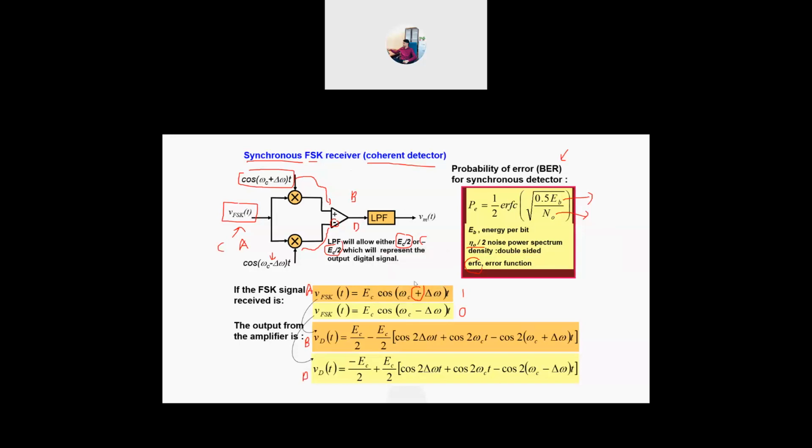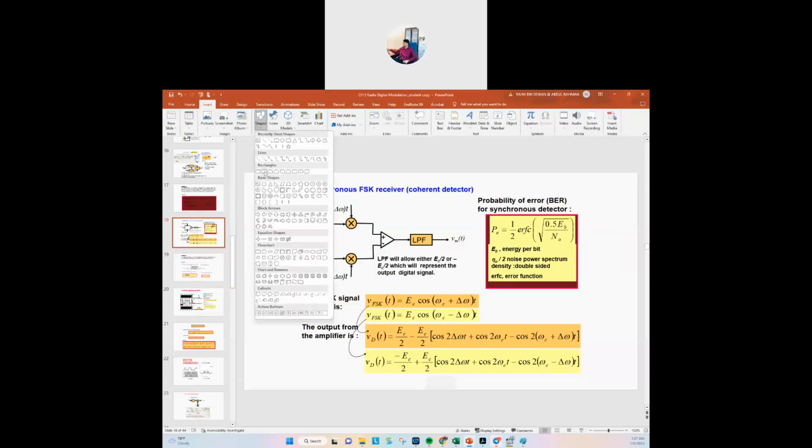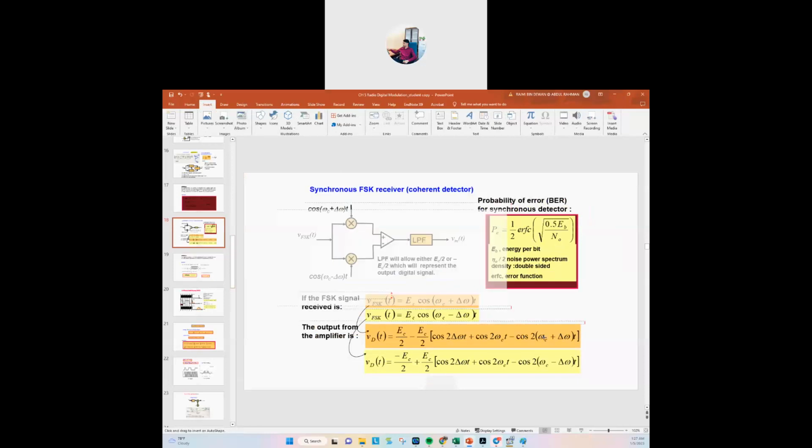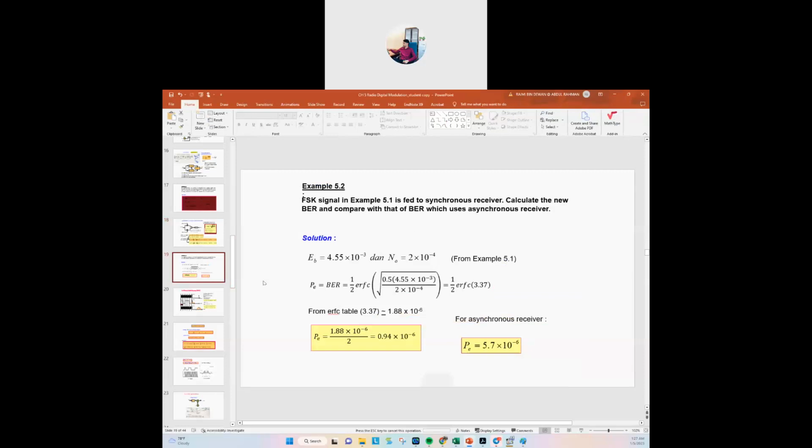Let me close the example first so that we learn properly. Okay, we learn from this first.